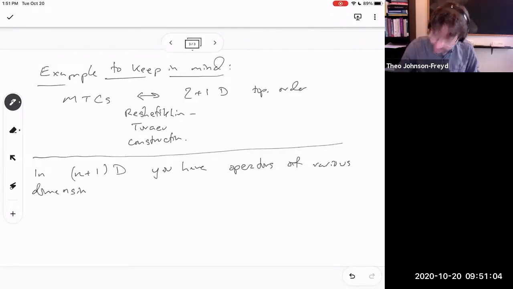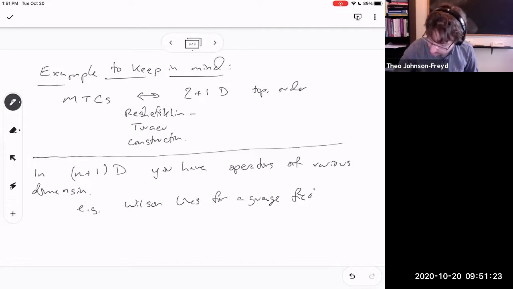Operators are not something mysterious. Operators are just some modification you can make to the field theory, to your system. So for instance, you might have Wilson lines for a gauge field. You might have world lines of particles. In fact, anytime you have a line, you should think of it as a world line of a particle, of quasiparticles.